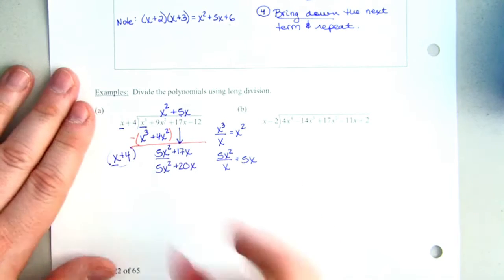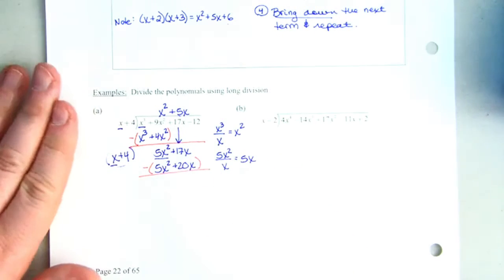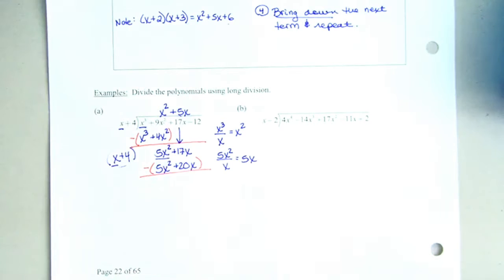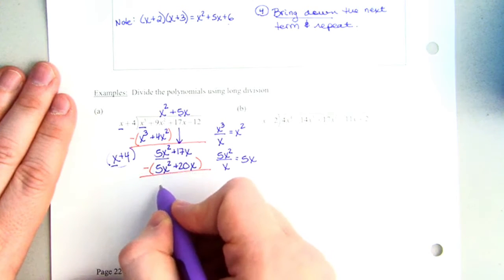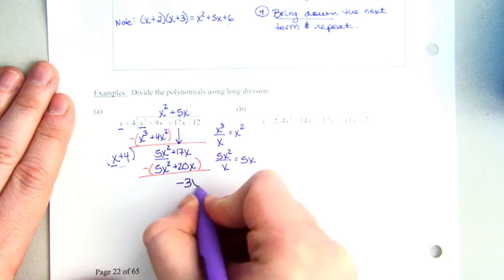Okay, time for parentheses. We're going to subtract. What do you get after you subtract? 5x squared minus 5x squared, gone. 17x minus 20x, negative 3x.